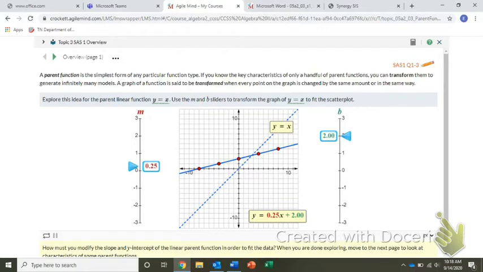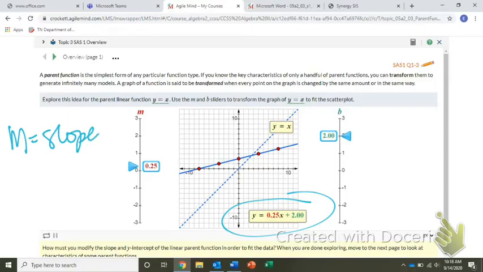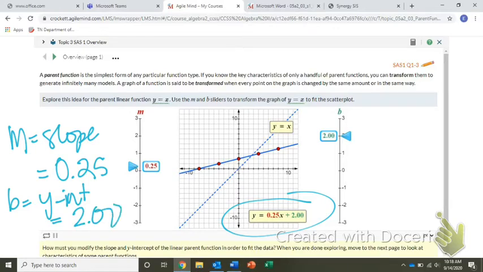And right here on our screen, it tells us y equals 0.25x plus 2. So m is my slope, and my slope is 0.25. And b is my y-intercept where it crosses, and that is 2.